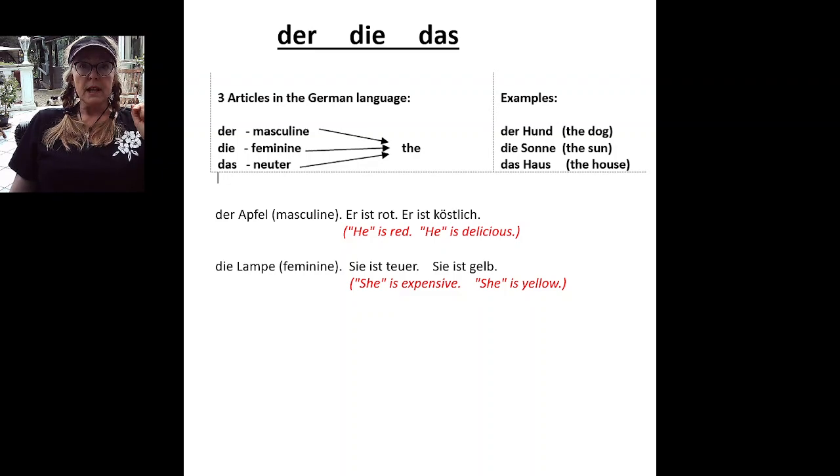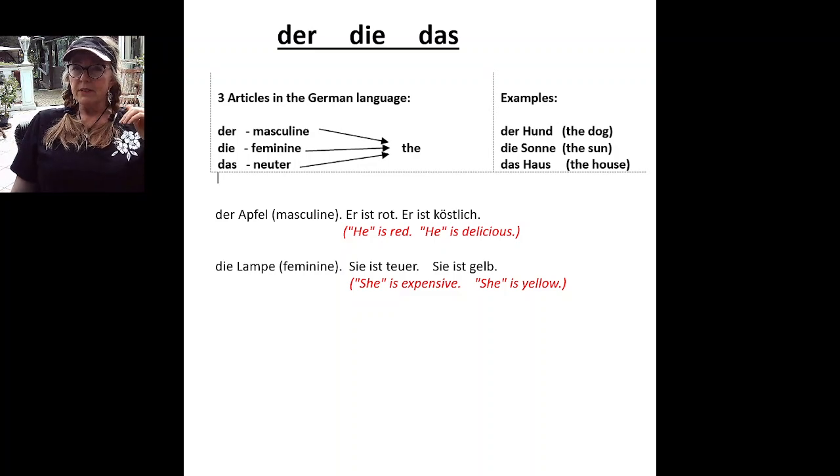I have more sample sentences there below, like der Apfel. Obviously, Apfel means apple. Der Apfel, again, is a masculine word. Why is that important in the German language? Because if you want to tell me more about the apple, then you have to keep referring to the apple as he.